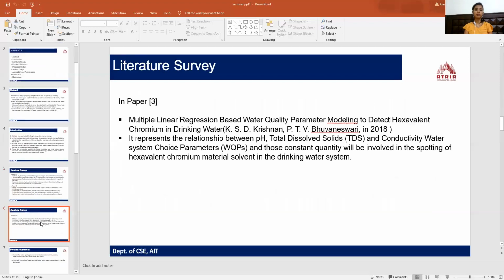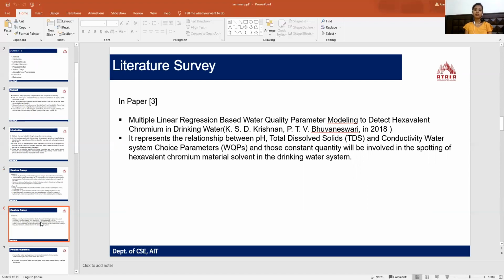And one more paper is paper 3. The topic is multilinear regression based water quality parameter modeling to detect hexavalent chromium in water, that is drinking water. It was published by K. S. D. Krishnan and P. T. V. Bhuvaneshwari in 2018. It represents the relationship between the pH, total dissolved solids, that is TDS, and conductivity, the water quality parameters, that is WQPs.